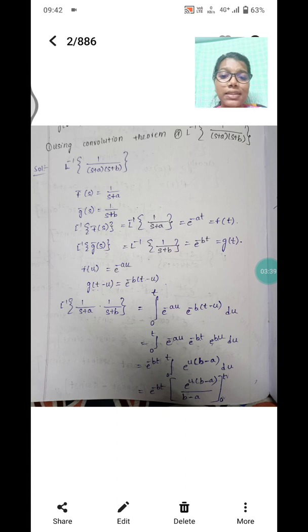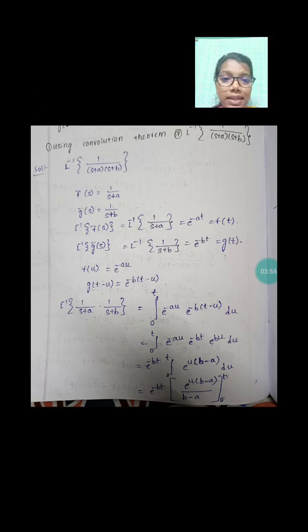Then L inverse of 1 by s plus a into 1 by s plus b equals the integral from 0 to t of e power minus au times e power minus b into t minus u du.